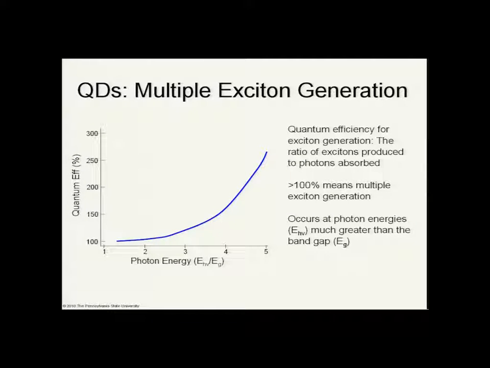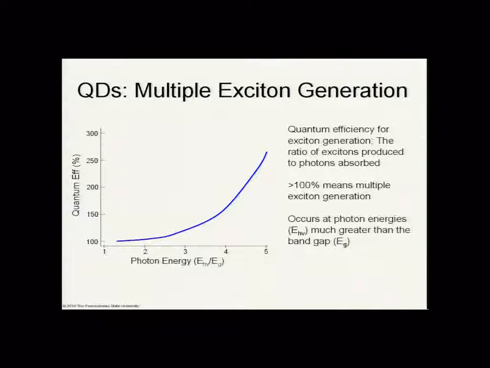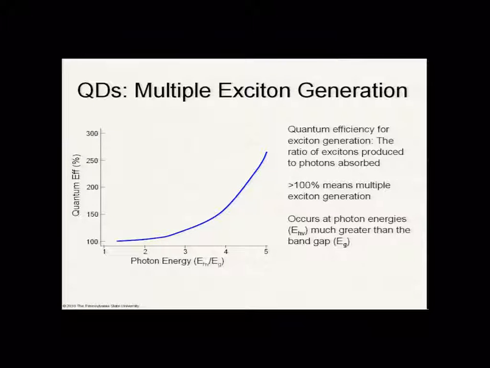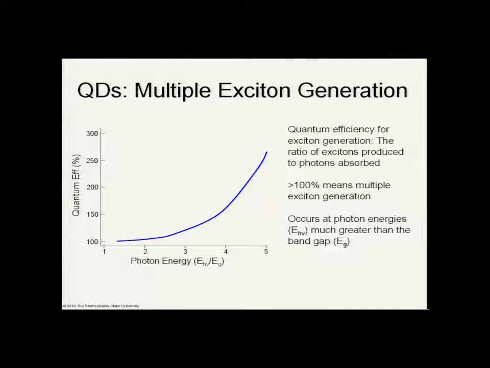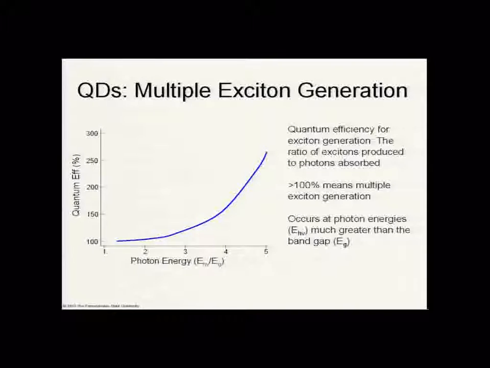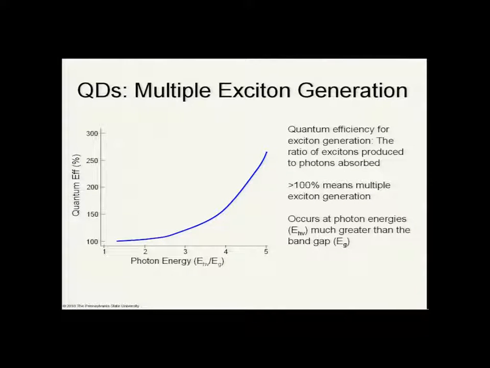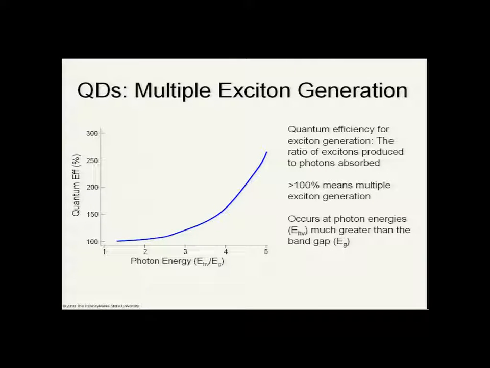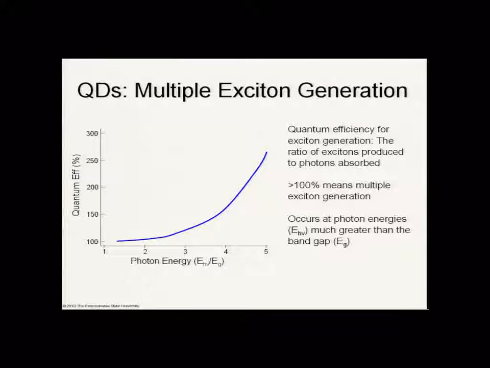And this occurs at photon energies much greater than the band gap. So overall, this figure is showing that we can have quantum efficiencies greater than 100% as photon energies increase greater than the band gap of the semiconductor quantum dot.